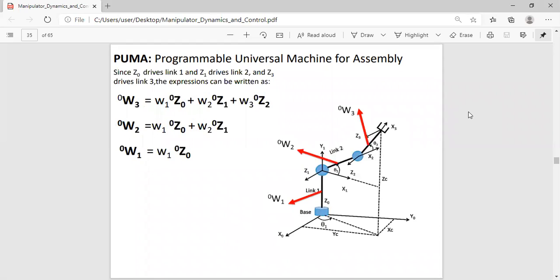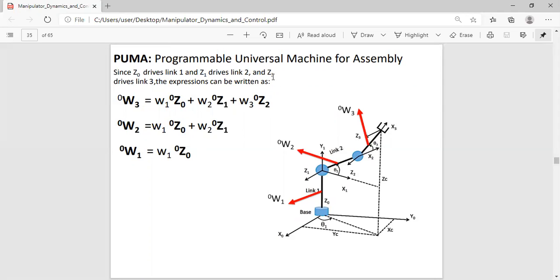Because of the DH convention, we know that the angular velocities or rotational vectors are always along the z-axis. So for example, I know that z0 drives link 1, and then z1 drives link 2, and Z3 drives link 4 in that case.